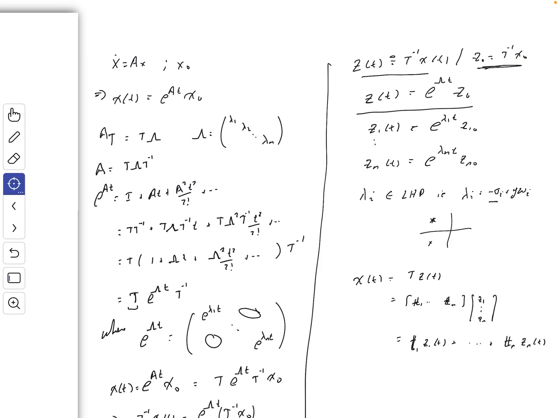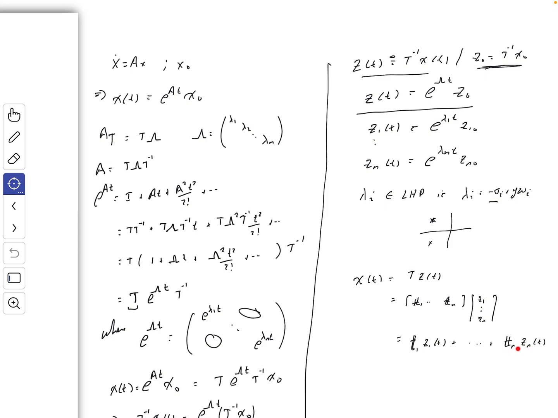So in other words, the solution is going to be this first mode along the first eigenvector. In other words, it's an exponential decay or growth, whatever, along the first eigenvector, all the way up to an exponential decay or growth along the nth eigenvector.